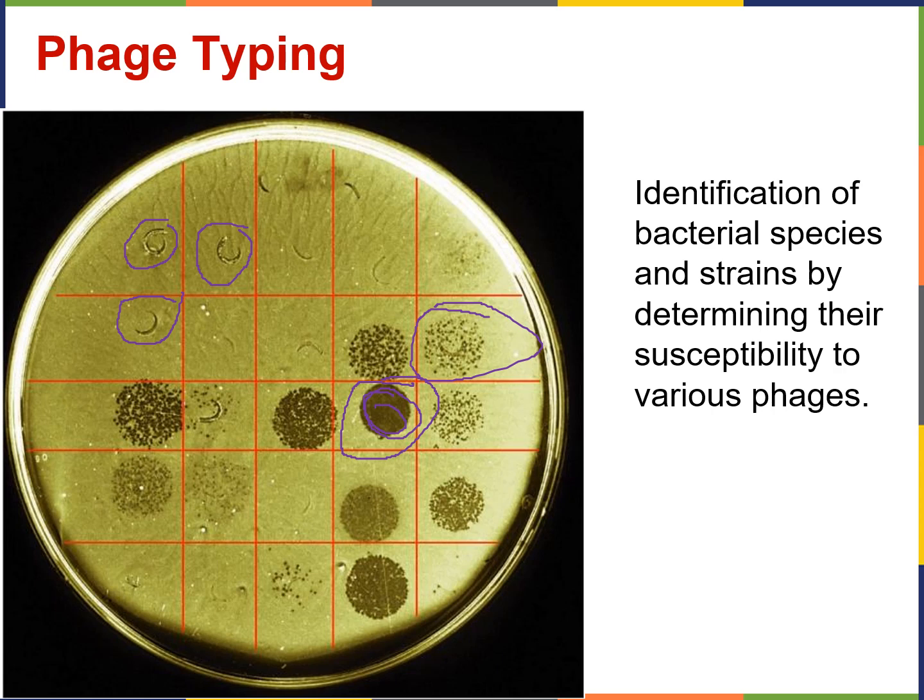So you can see that there is some breakdown of the agar in that particular area, but not the complete breakdown. So that means, yes, there was a partial match between the phage and the bacteria that was added in that particular place. Or you could get a result that looks like this.